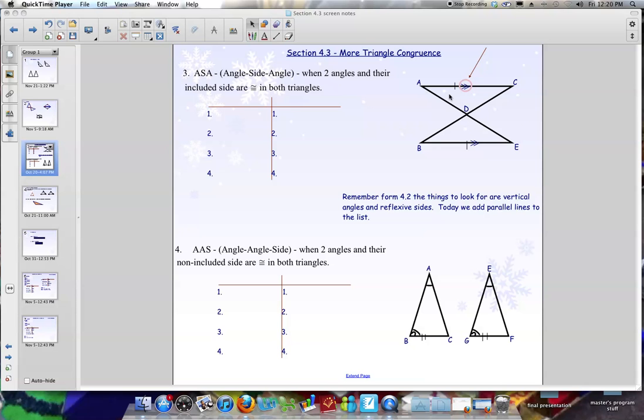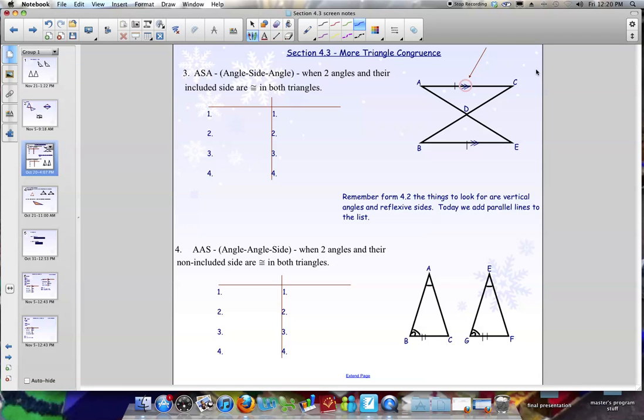So in order to do that, we have to find two angles and a side in each triangle that are congruent. Notice that there's a circled piece right here. These arrows on lines mean that the lines are parallel.